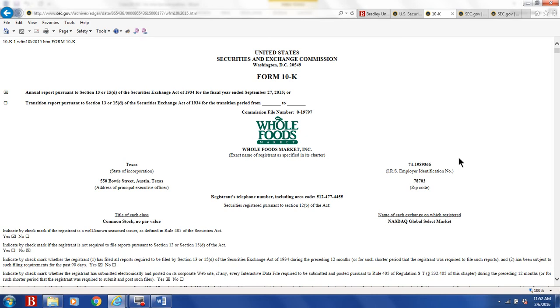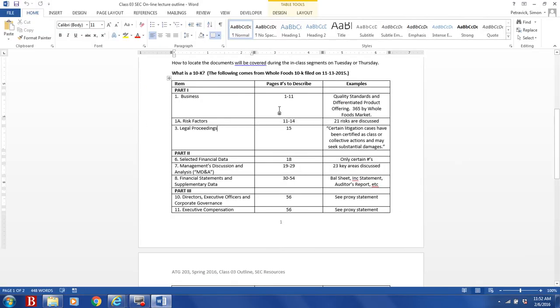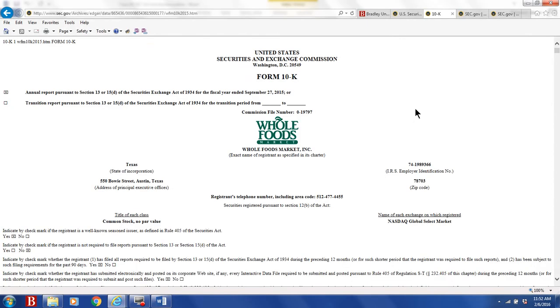So what we want to do is just get an idea of what are some of the main components of the 10K. In the outline, the first area is called Business, and in Whole Foods' 10K, we can see that there are 11 pages devoted to describing its business.